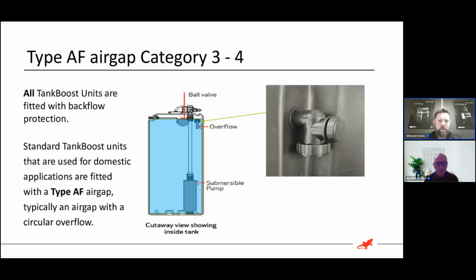Yeah. I mean, the standard TankBoost, as we said at the start, will have a different air gap for domestic uses. So the overflow on there prevents any backflow into the mains, but there are some changes in the TankBoost category 5 variant.